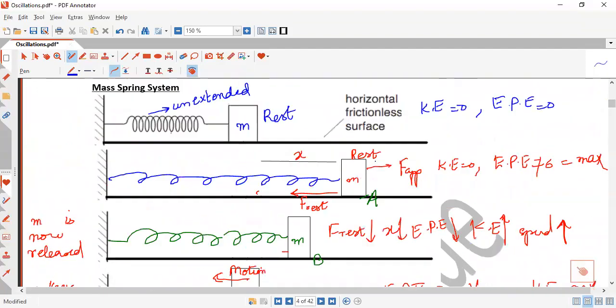Now, let's talk about it. Yes, friends. Let's say this is our applied force and this is the restoring force. Tell me, if I apply more force to stretch this spring more, the restoring force will be increasing or decreasing? Increasing.